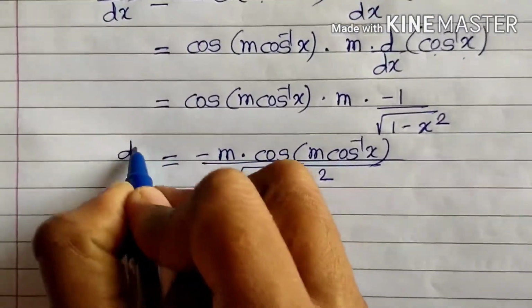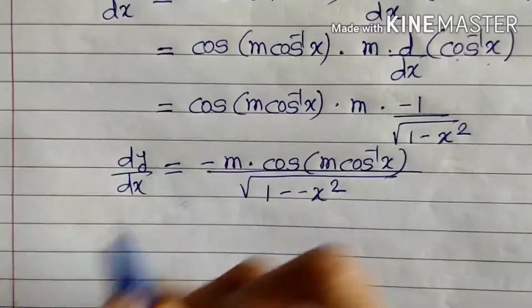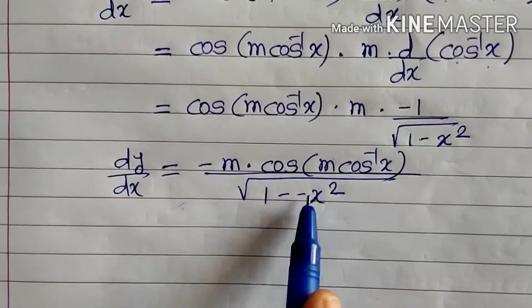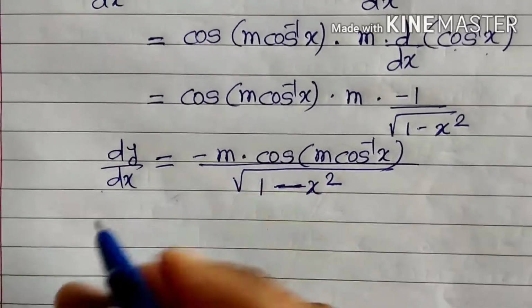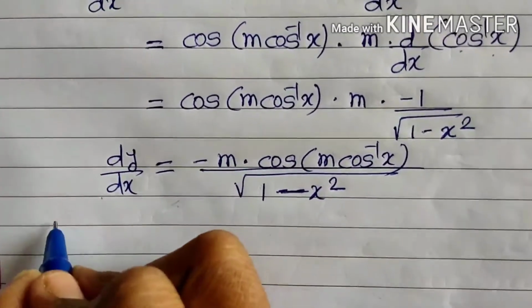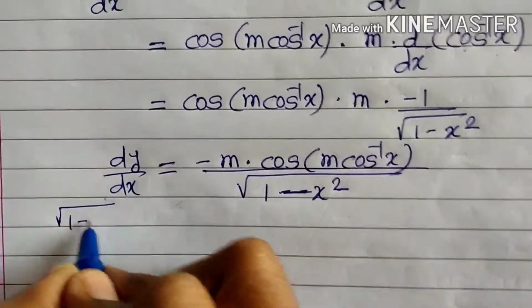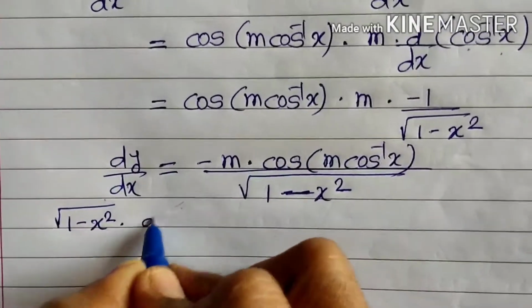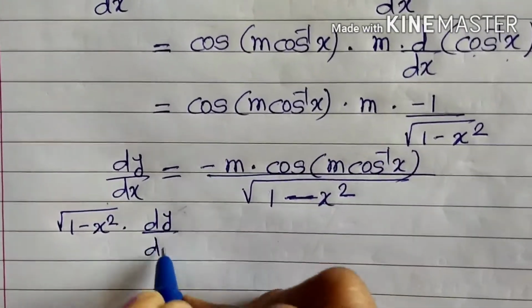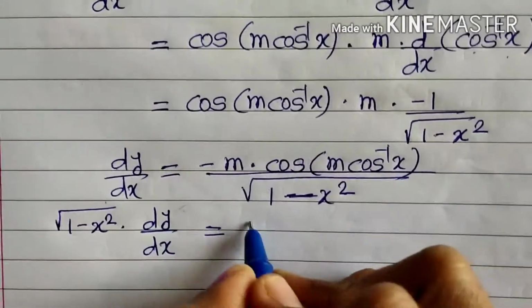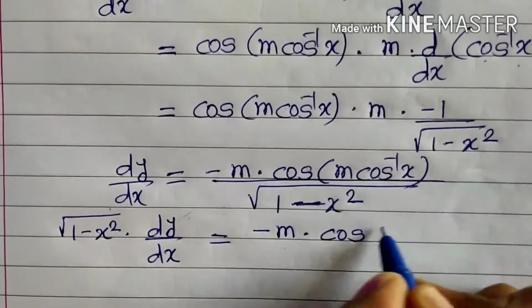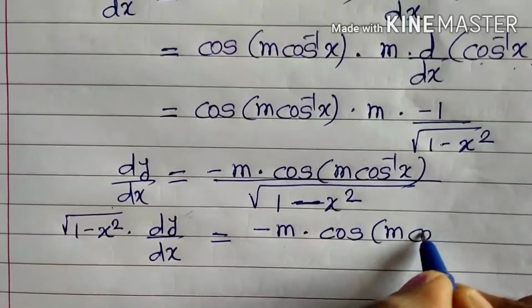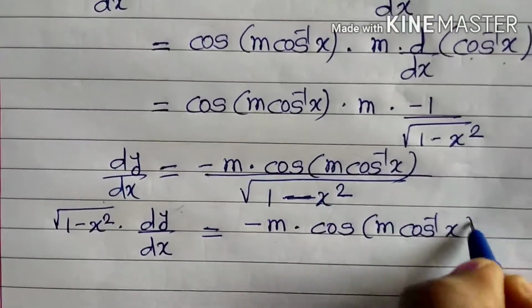So dy by dx is equal to, now take this under root of 1 minus x square on the LHS side. So it will become under root of 1 minus x square into dy upon dx is equal to minus m into cos(m cos inverse x).